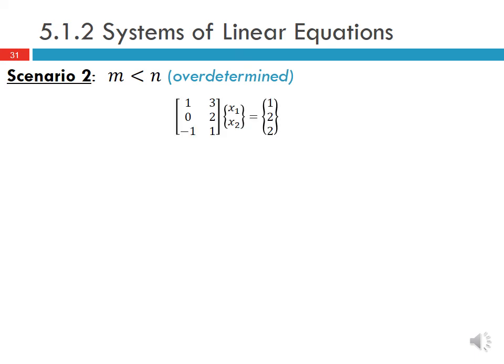I've got this system here with 2 unknowns, x1 and x2, and 3 equations, which are defined as shown here. If I consider the first 2 equations, I have x1 plus 3x2 equals 1, and 2x2 is equal to 2. This results in x2 equals 1 and x1 equals -2.